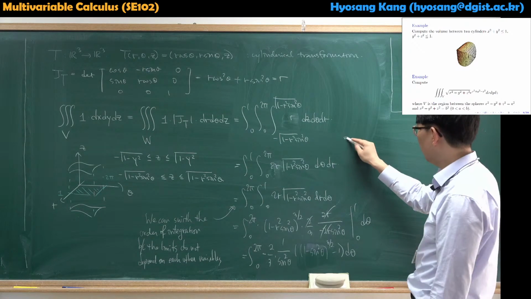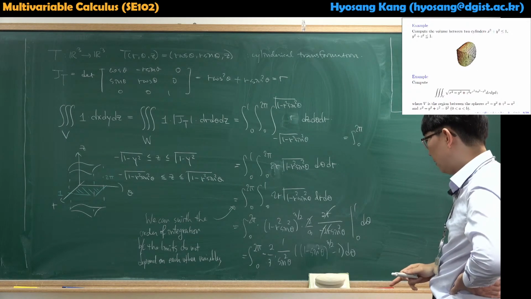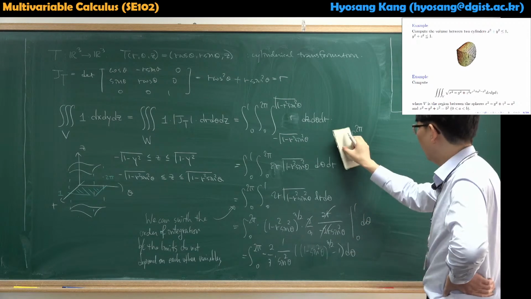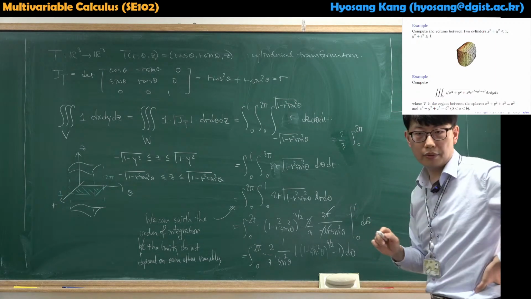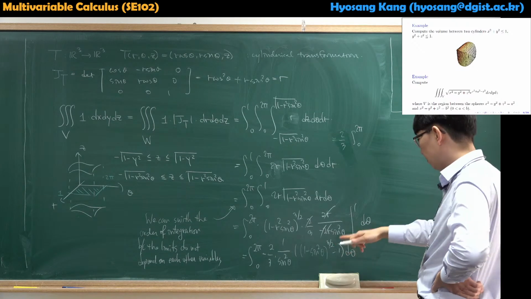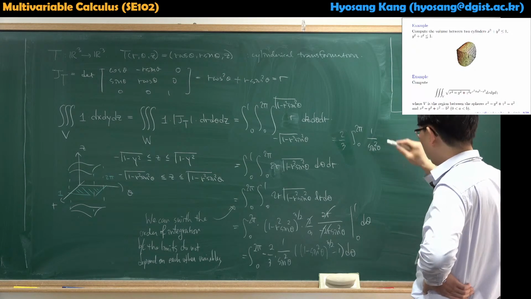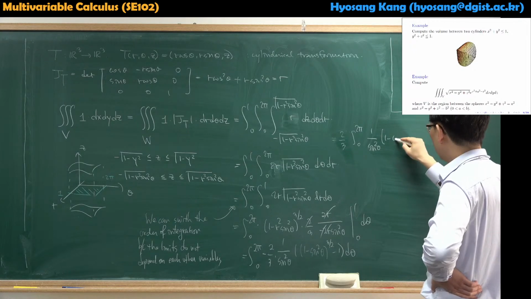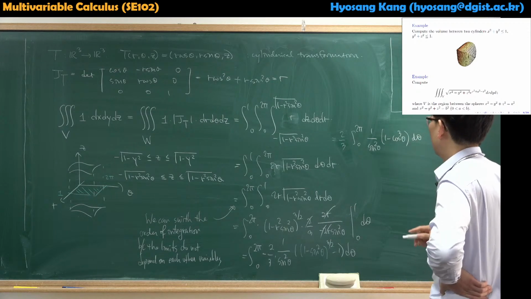Okay, so then what we have is the integral from 0 to 2 pi of, let's take out this minus 2 over 3, and negative also. We get 2 over 3, and then what we have is 1 over sine square and 1 minus cosine cube, d zeta.